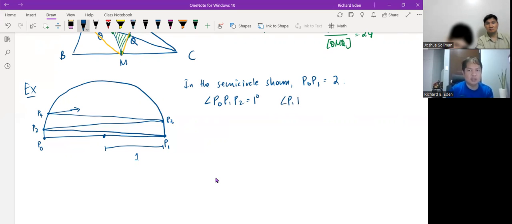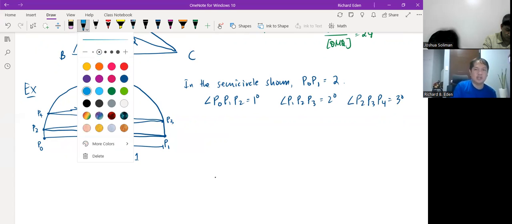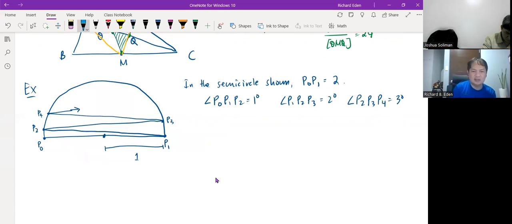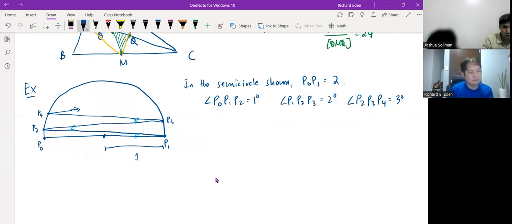Angle P1P2P3 is 2 degrees. Angle P2P3P4 is 3 degrees. So where are those angular measurements? This is 1 degree. This is 2 degrees, 3 degrees, and so on.